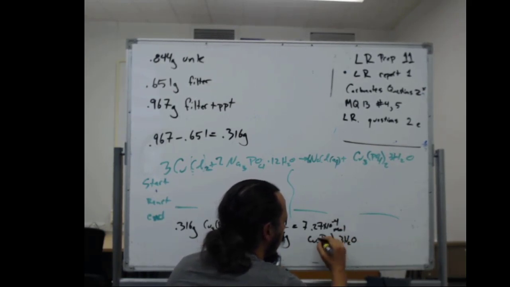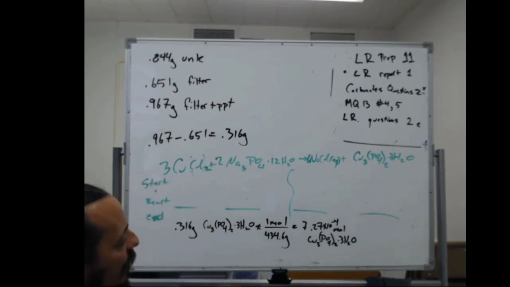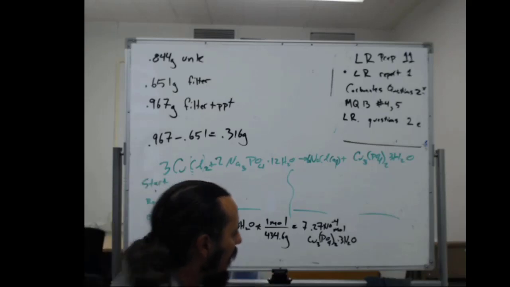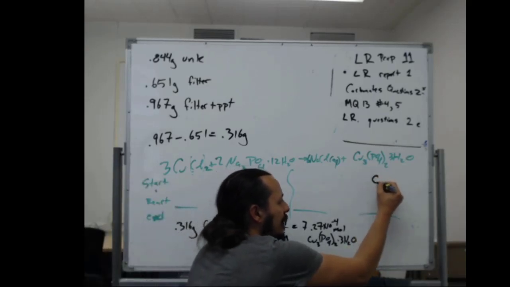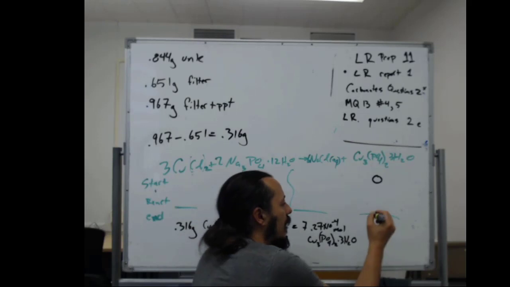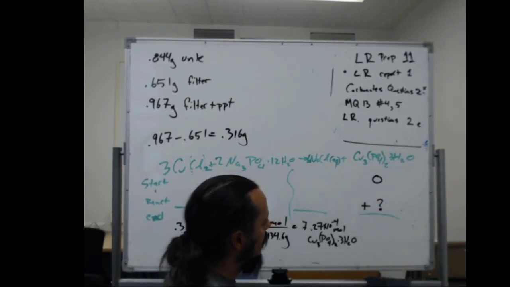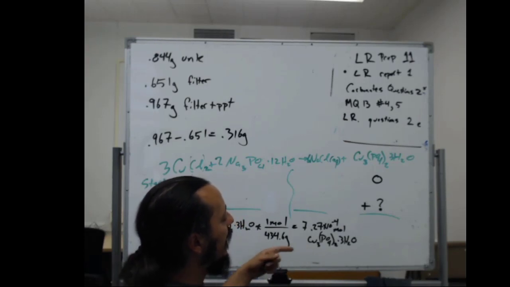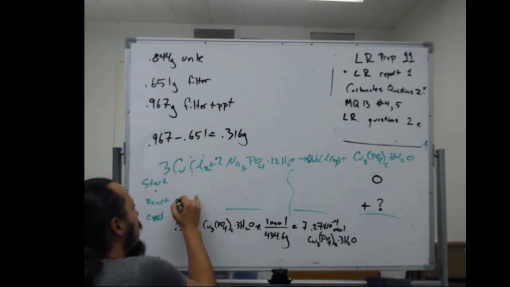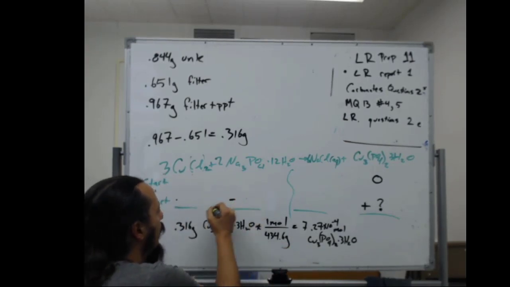Right, now once I have those moles, I'm like, well, great, what does that get me? We have to remember that the moles produced here, I didn't start with any copper phosphate. So the amount that's added here is going to be directly related to the limiting reactant, the amount that I'm subtracting over here.